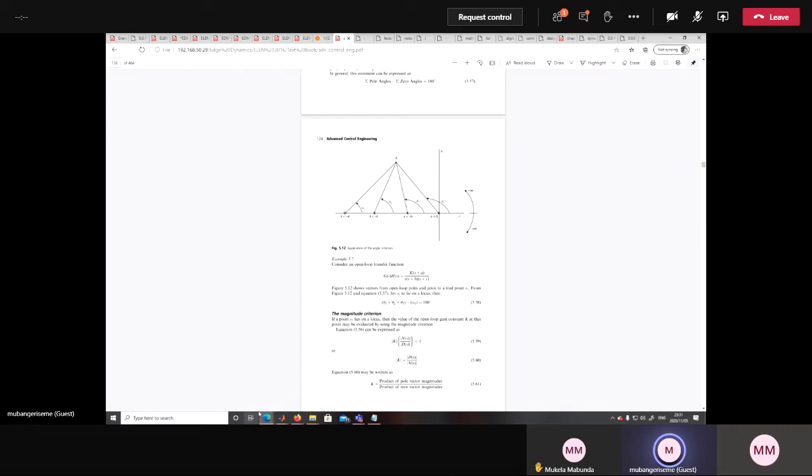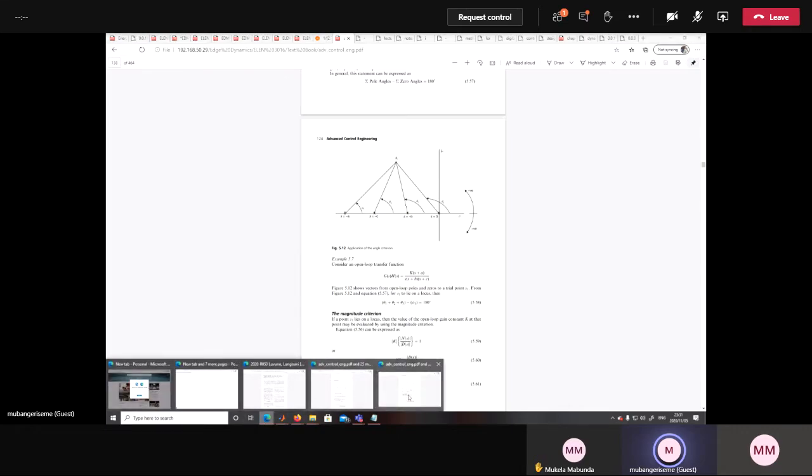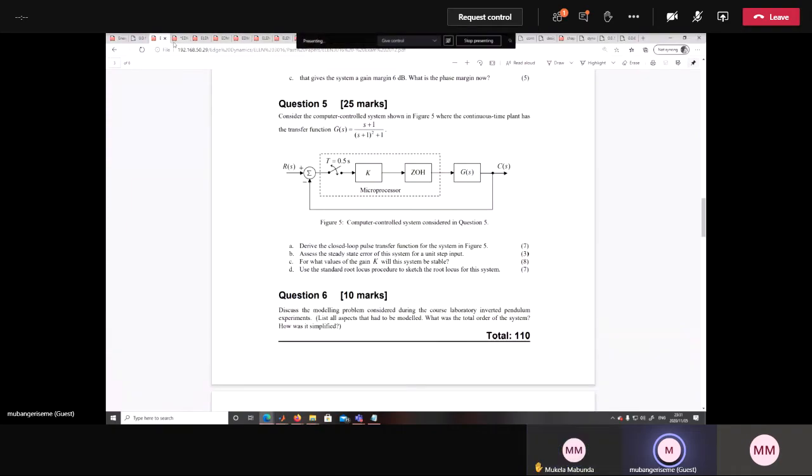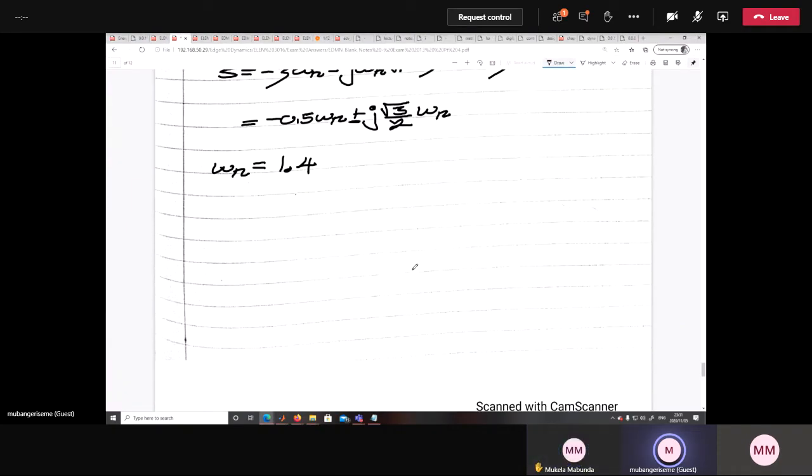So look, this is what you're going to say here then. I'm using equation 5.58. So theta 1 is equal to 180 degrees minus... Oh no, that's just the pole.